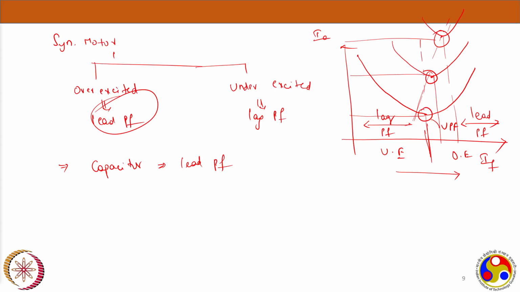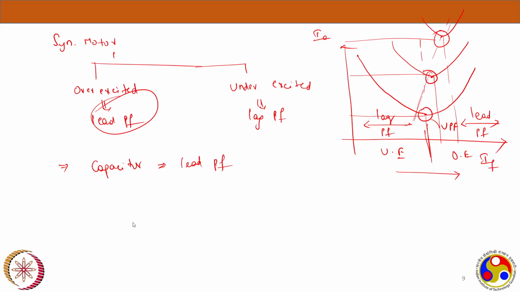Now there is a big factory you are having, and you always know it's better to operate your power factor close to unity power factor. So what people will do: there is some supply being provided by the government, and there is this factory which you are having in your place.